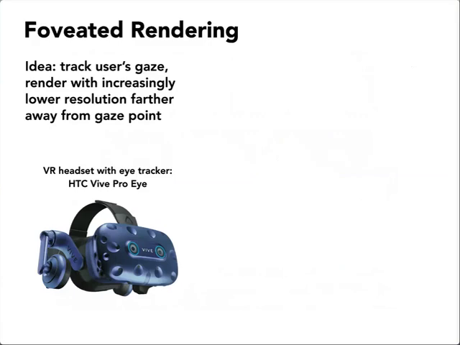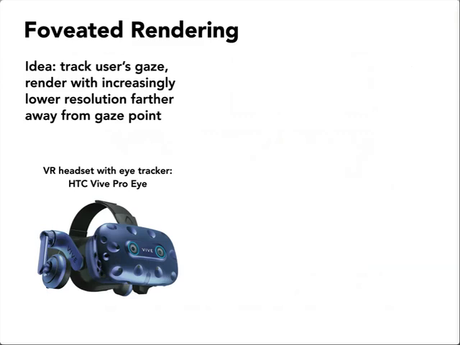So this leads to a simple idea in theory, but one that hasn't actually been deployed in practice yet. So this is an active area of research. The idea is called foveated rendering. The idea is that you track where the user is actually looking, so the eye motion, not just the head motion, and render the scene in the GPU with increasingly low resolution or low quality further away from the gaze point.